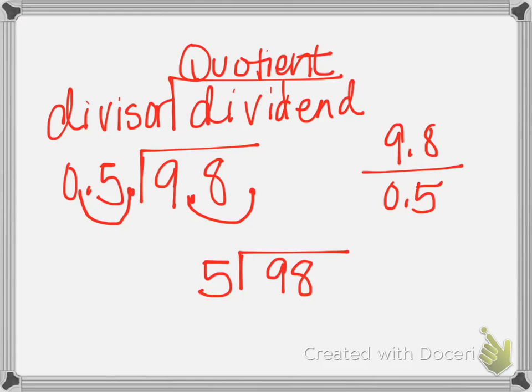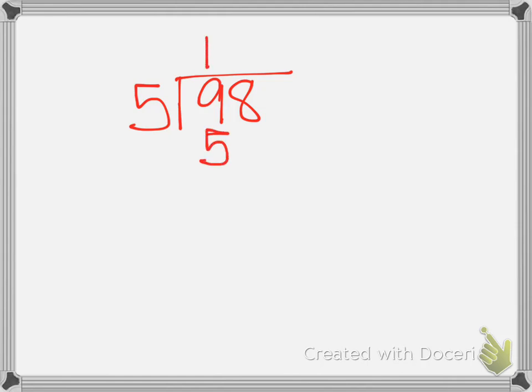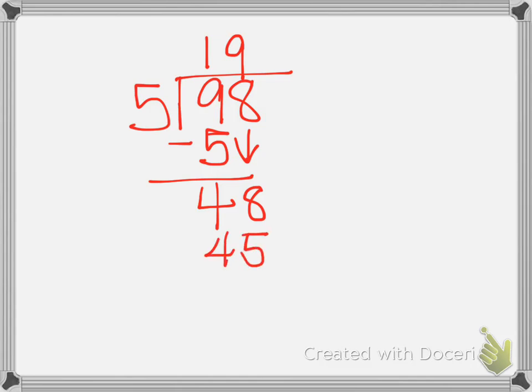Okay, so let's go ahead and do that division. 5 into 98. 5 goes into 9 one time. 1 times 5 is 5, and then you're going to subtract. 9 minus 5 is 4. Bring down the 8. 5 goes into 48 9 times. 9 times 5 is 45.